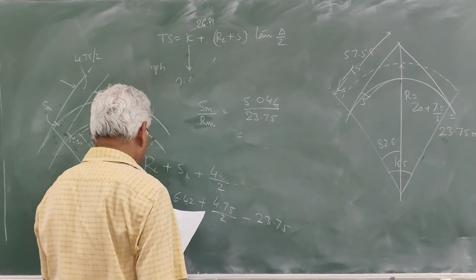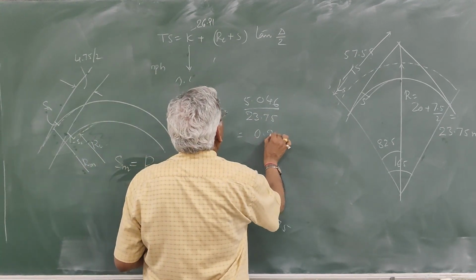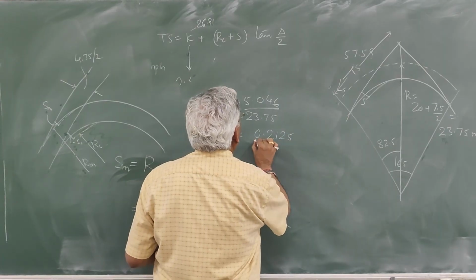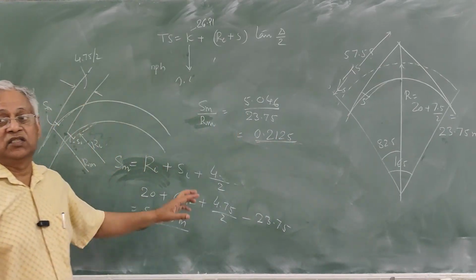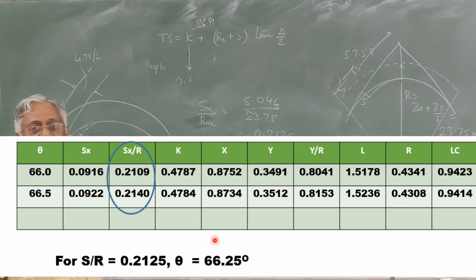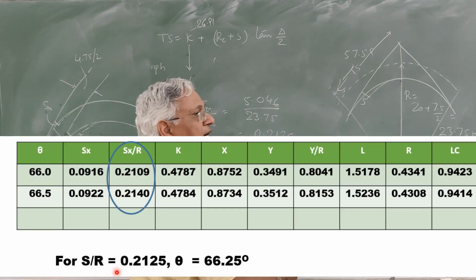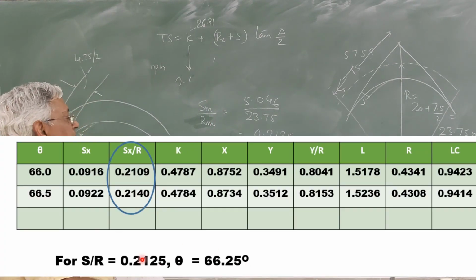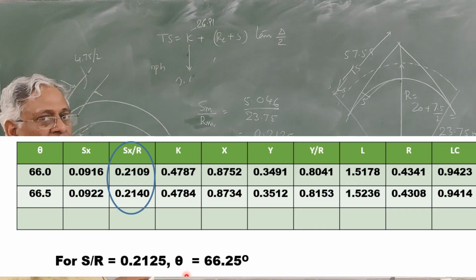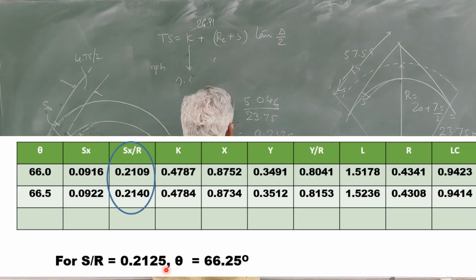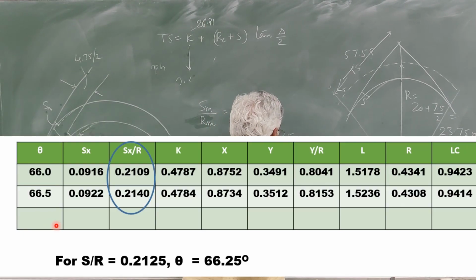This is now 0.2125. Now enter the table with this value of S by R and find out what will be the theta value. Reverse process. So corresponding to this, if you enter the table for S by R equal to 0.2125, you get a theta by interpolation as 66.2521 degree.